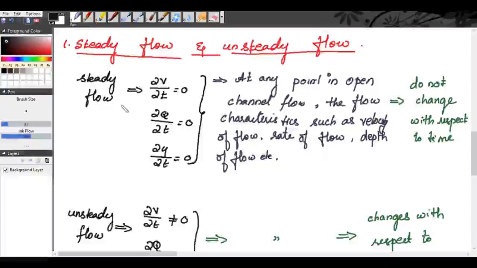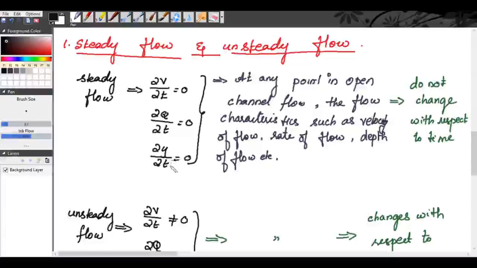For steady flow, I told you, it is with respect to time. If the derivative of the flow characteristics with respect to time is equal to 0, they are constant. When you take the differentiation, if something is constant, then the differentiation is equal to 0. So velocity with respect to time is constant, flow with respect to time is constant, and the depth of flow with respect to time is constant.